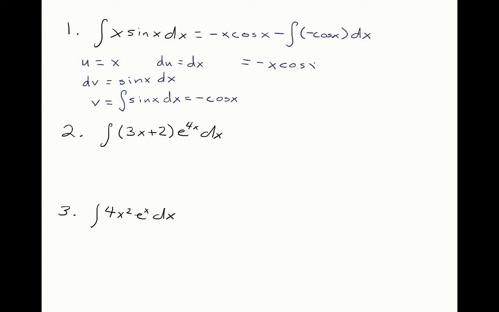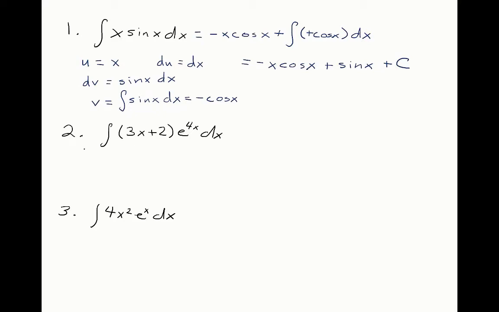Now here you want to be careful with your signs. If we go back and look at this, these minus signs cancel out. So we're just integrating cosine x, so we get plus sine x. And don't forget your plus c. Alright, done. And this is one that is in the integral table.